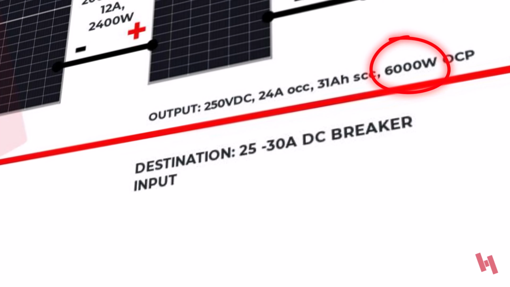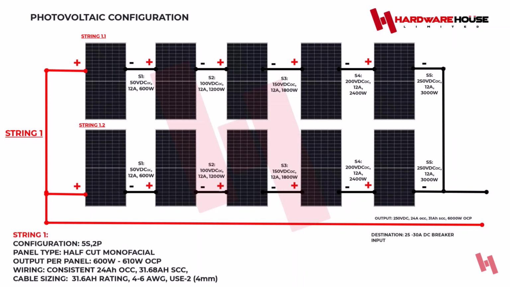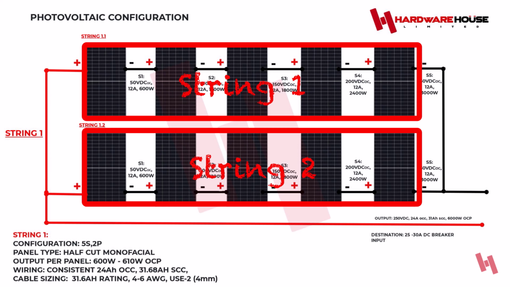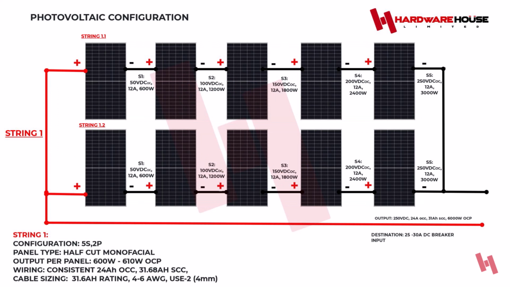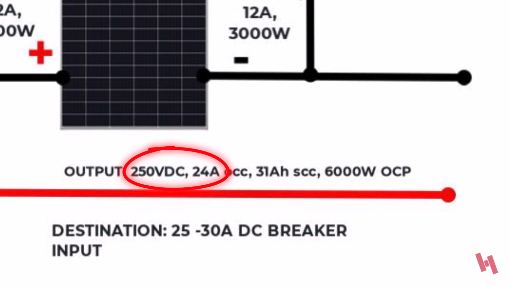But it's going to be 5 times the voltage of each panel because you have 5 connected in series, and then it's going to be 2 times the current of the solar panel because you have 2 strings of solar panels connected in parallel. So your main output is going to be 6,000 watts, but the 6,000 watts is going to be in form of 250 volts output and 24 amp of current.